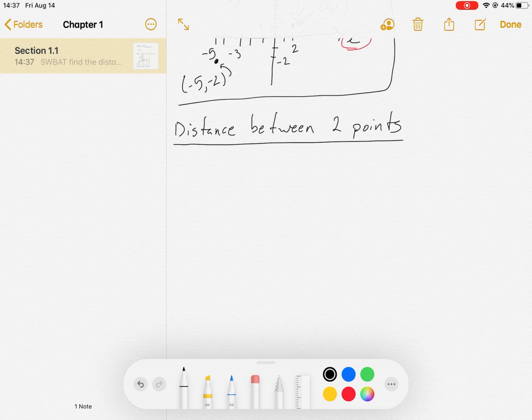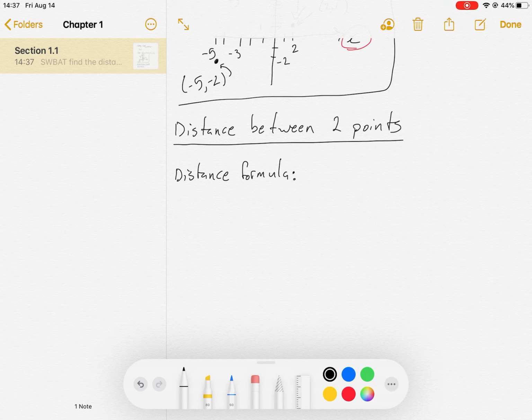So essentially, we're going to be using what's called the distance formula. But in this class, I don't like to just always give you formulas and not talk about where they come from. So first of all, I will do the distance formula, and then we'll actually show why this is the formula.